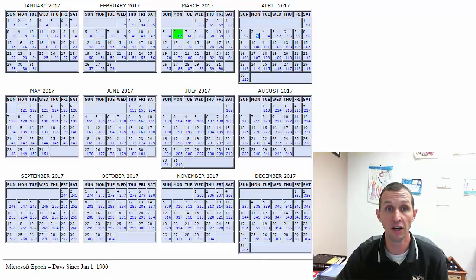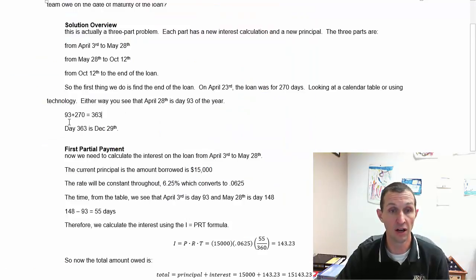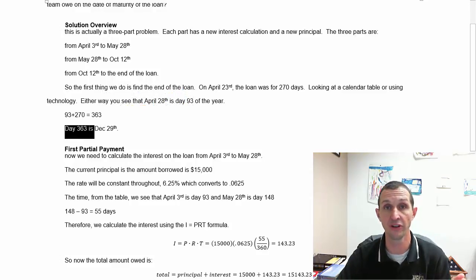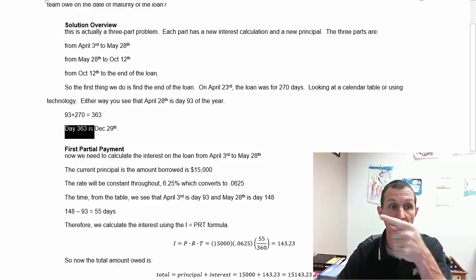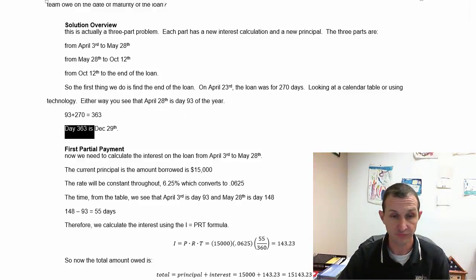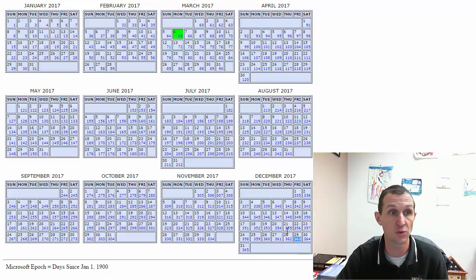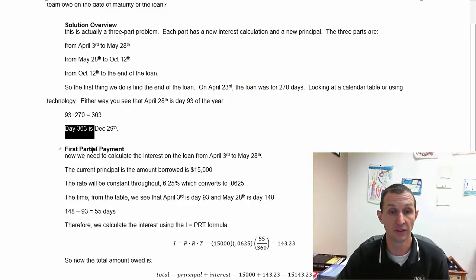So day 93 plus 270 days is day 363. Now I need to look up day 363, and it has to be toward the end of the year. Looking at the table, day 363 is December the 29th.